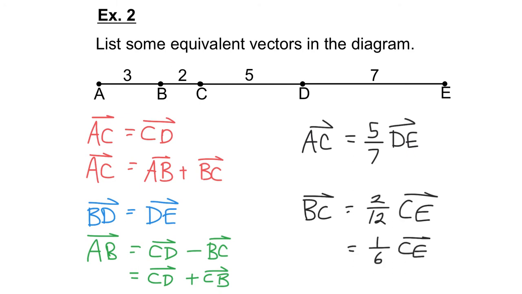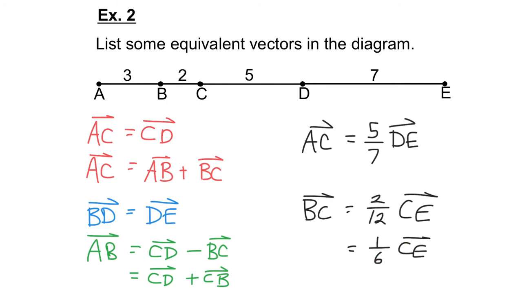Now here's one example. I have BC, so 2 units to the right, is, if I relate that to CE, well, CE, that's 12 units to the right. So if BC is only 2 units compared to the 12 units of CE, well, it's 2/12, or 1/6 of CE.